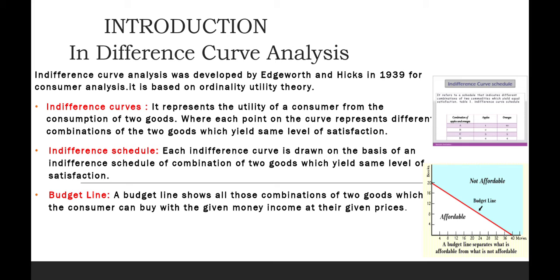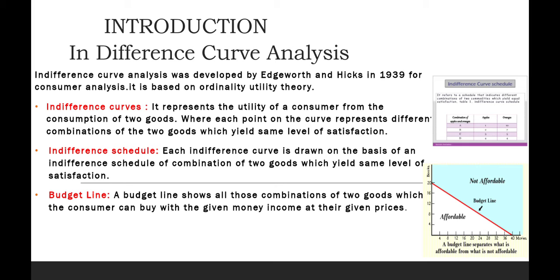So he is reducing the oranges to 7 and taking one more apple. Like that, he goes on substituting one commodity for another till he gets the same satisfaction from both. So that is called indifference. So the indifference curve represents the combination of two goods where each point on the curve represents different combinations of two goods which yield the same level of satisfaction.